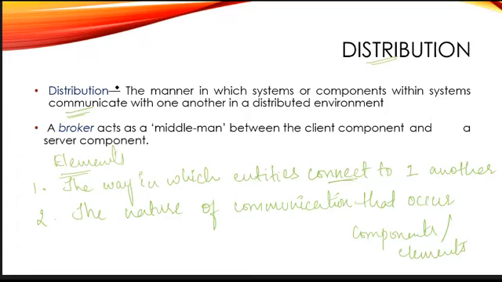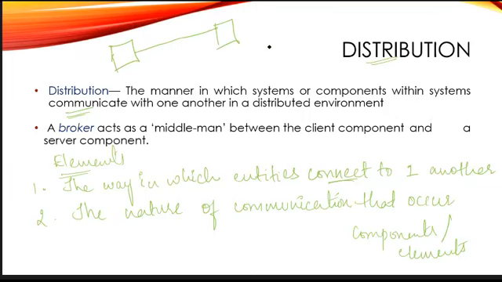So one component, and this is another component. How are these two components connected, and what is the nature of communication, how are they going to communicate, whether by message passing or by using shared memory? Now, there are two techniques that can be used for communication.